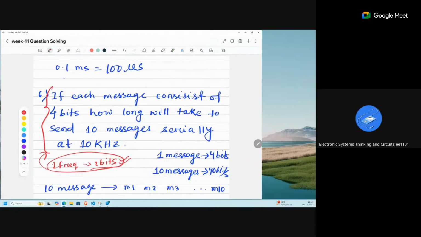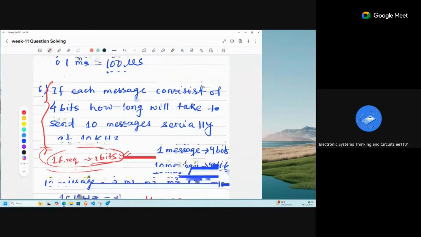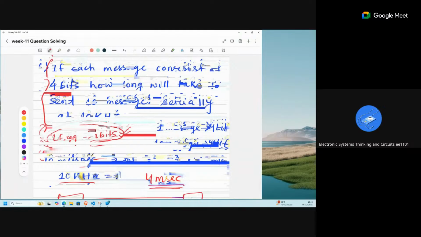For example, if I ask another question: if the frequency of oscillation is 50 hertz, what is the angular frequency? This is nothing but noted as omega in radians per second.